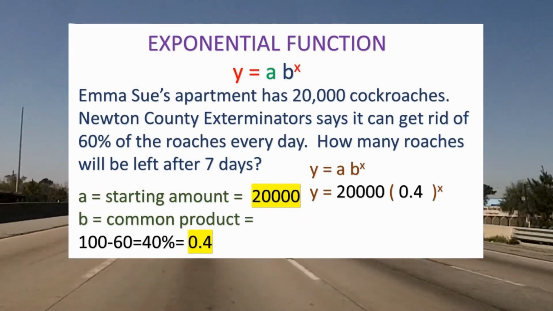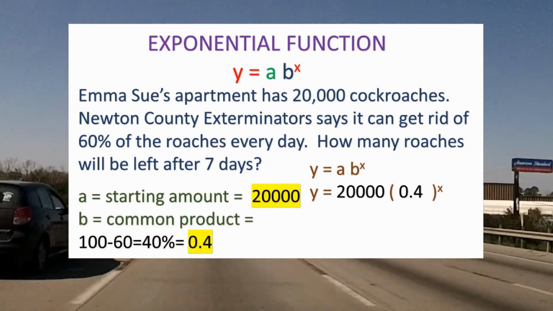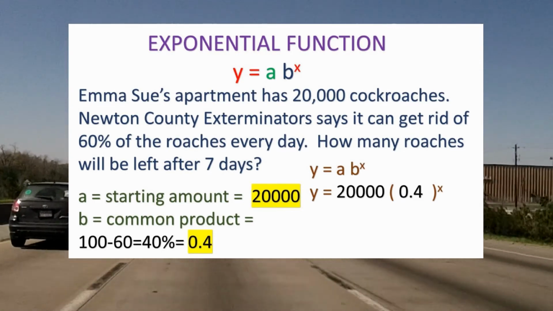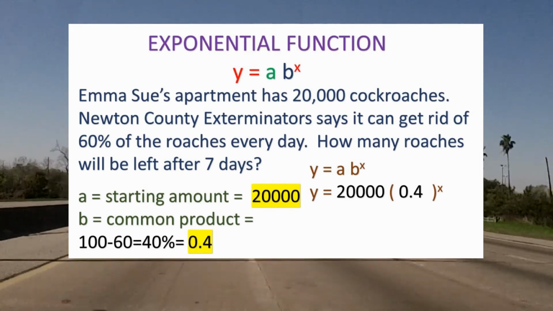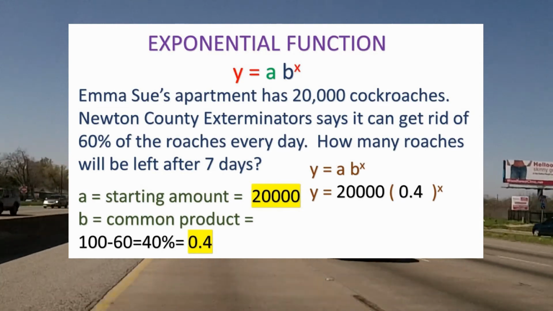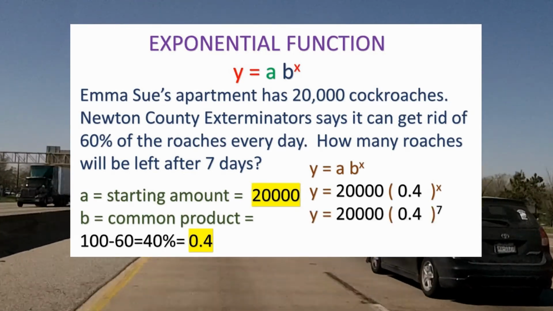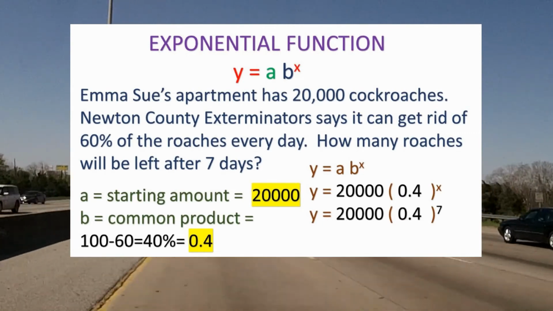If we evaluate our equation with 20,000 and 4/10, that would give us a function of y equal 20,000 times 4/10 to the x power. Since we want to know the population after 7 days, we'll replace the variable x with 7. Now we'll have y equal 20,000 times 4/10 to the 7th power.